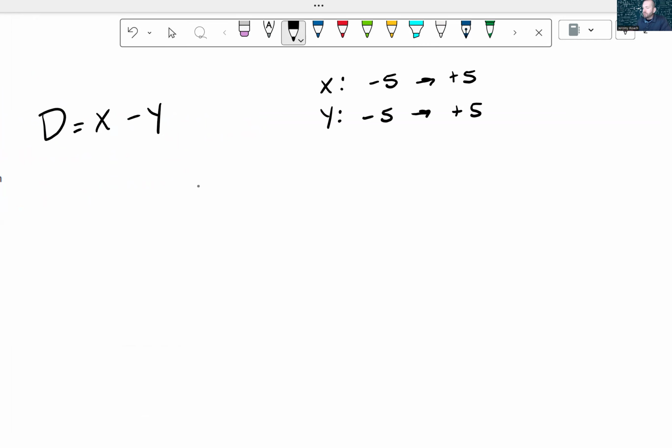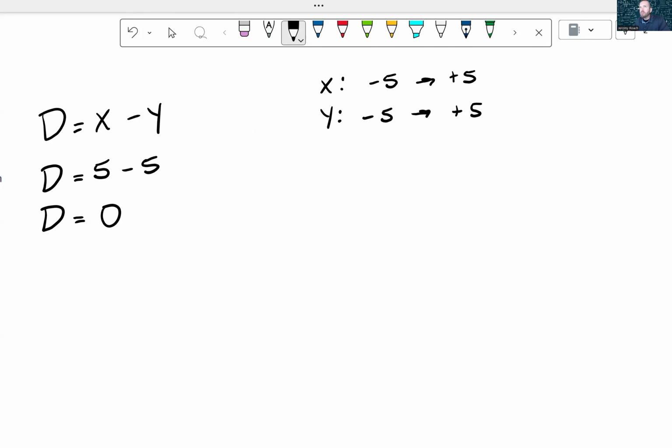If we wanted to find the standard deviations and the difference between these, if we just did 5 minus 5, that would give us 0. And that's not necessarily true. There isn't necessarily 0 variability between x and y.